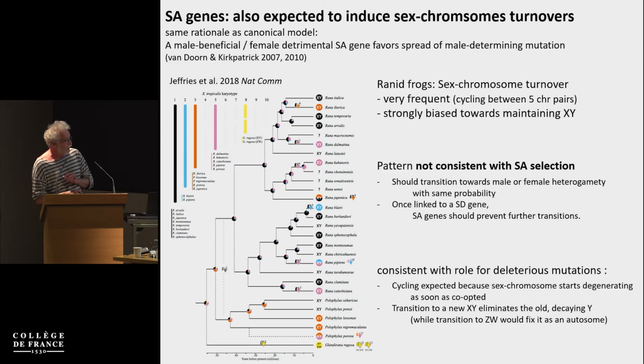And second, if you transition to another XY system, then you eliminate the old Y chromosome, and the X is fixed as an autosome. If you do the reverse, if you transition from an XY to a ZW, you have to fix the old W as an autosome, which of course is a very bad idea if it is crippled with deleterious mutations.